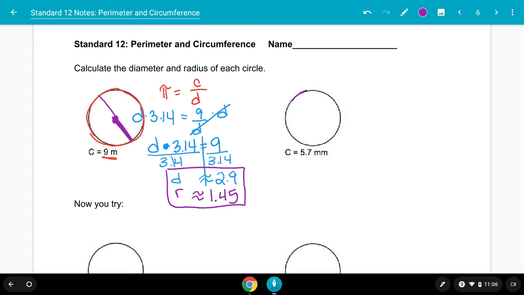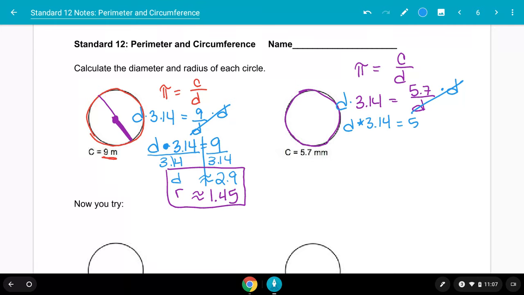I know that the circumference is 5.7. Pi equals circumference divided by diameter. 3.14 equals, I know the circumference, I don't know the diameter. I'm going to go ahead and undivide the diameter. So I'm going to multiply it. That's what undividing means. And I get diameter times 3.14 equals 5.7.